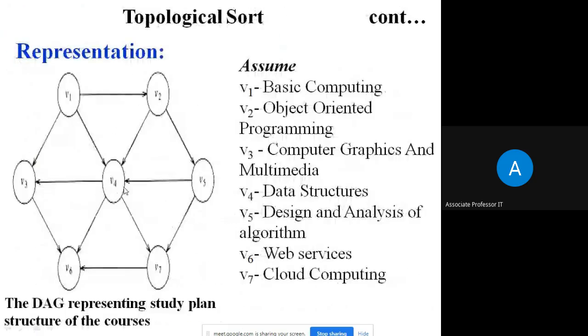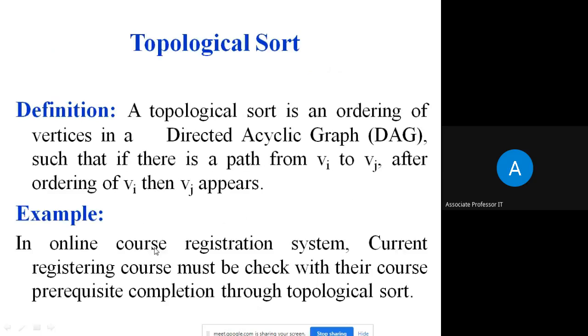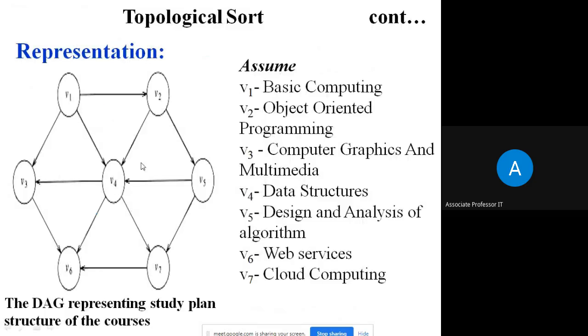Then check. Already V1, V2, V5, V4 are deleted from the graph. Then check the remaining three. V3 has no incoming edges. Which of these three has no incoming edges? V7, because it has no incoming edges.